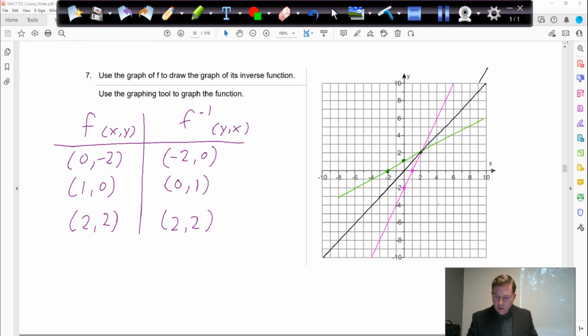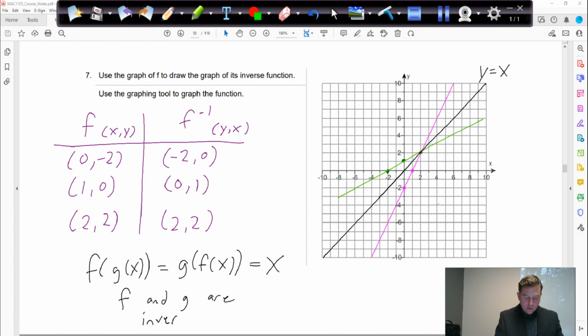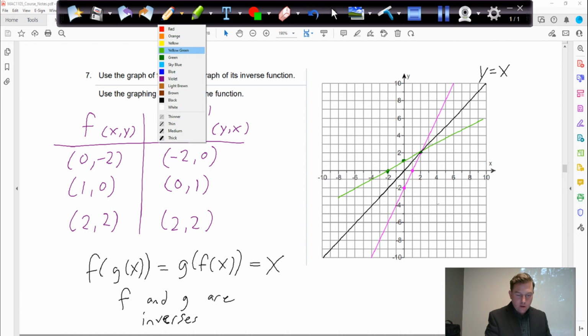And what we found out is that when we plug in f of g of x, and it's equal to g of f of x, and it's equal to x, then f and g are inverses of each other. And on the graph, the way it shows up is they're symmetric about the line y equals x.